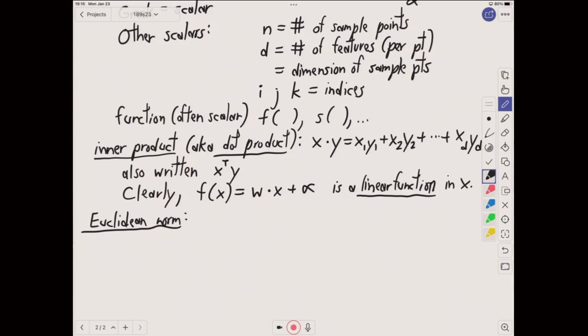You all should also be familiar with the Euclidean norm. When you see a norm operator in this class, it's generally the Euclidean norm unless otherwise specified, which is the square root of the inner product of x with itself.